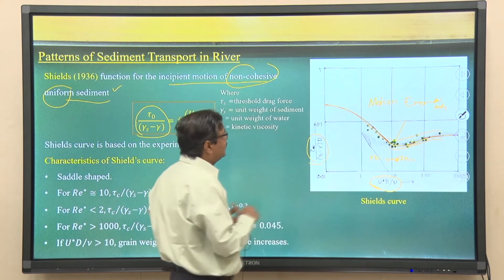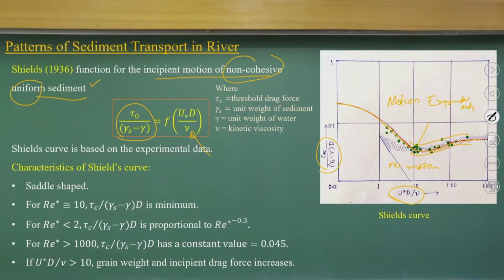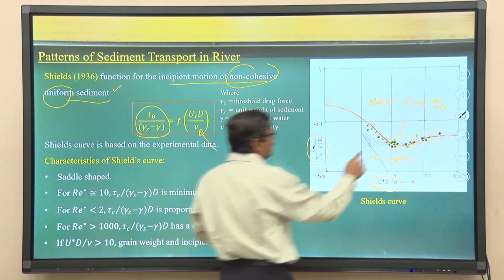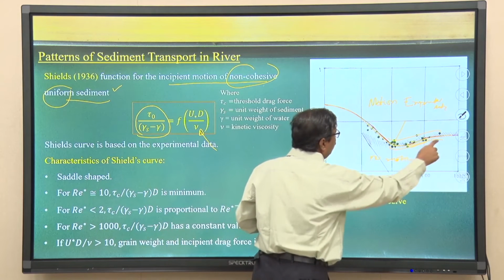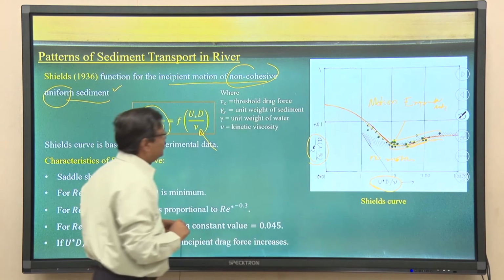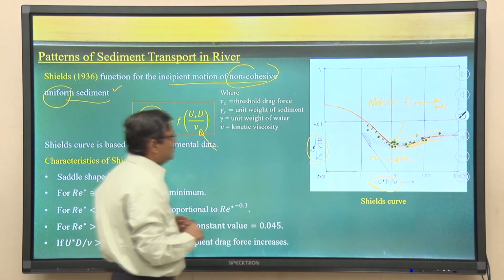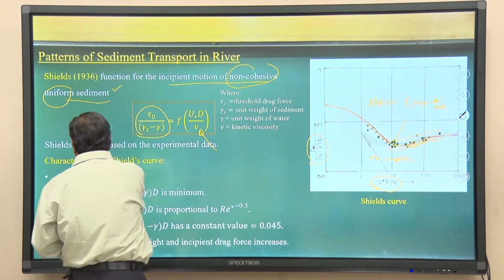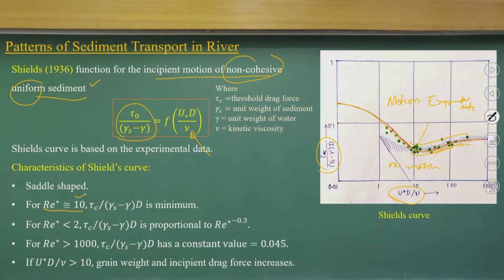The line dividing sediment in motion from not in motion is what the Shields curve indicates for us. When the particle Reynolds number is equal to 10, at this point, we get the minimum value.